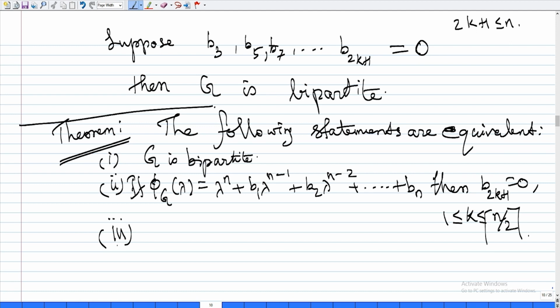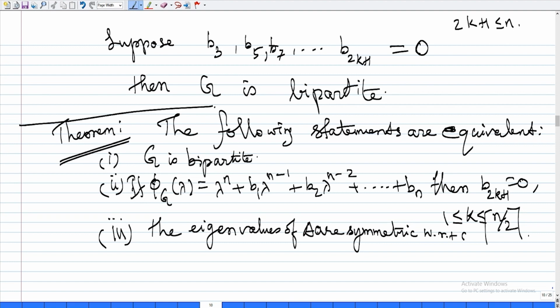And the third one is the eigenvalues of A are symmetric with respect to origin. By origin I mean the 0 value, I am sorry. Okay.